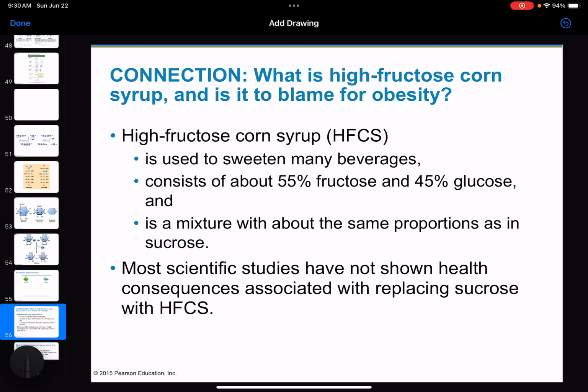Here's a little bit more on high fructose corn syrup. So high fructose corn syrup is interesting because it's 55% fructose versus 45% glucose. So what do I mean by that? Well, here is sucrose. Sucrose is table sugar that comes from sugar cane, and that guy is 50% glucose and 50% fructose.